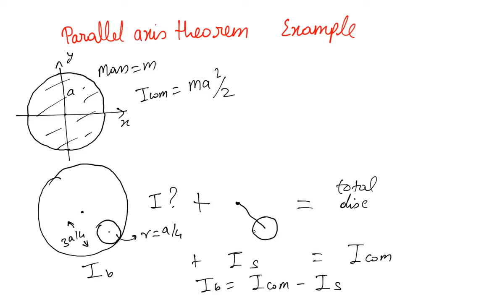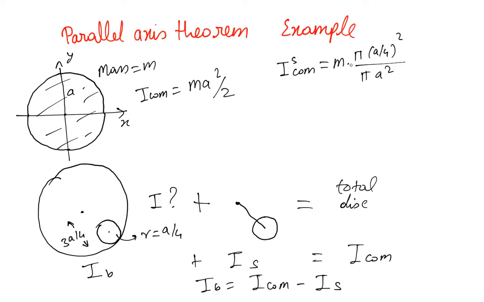So first of all, let's calculate the moment of inertia of the smaller disk about its own center of mass. Let's call this ISCOM. What is the moment of inertia about its COM? It's going to be m times, what is the mass of the smaller disk? Well, we have to calculate. The mass is a fraction of the total mass, multiplied by pi times a over 4 squared divided by pi a squared.